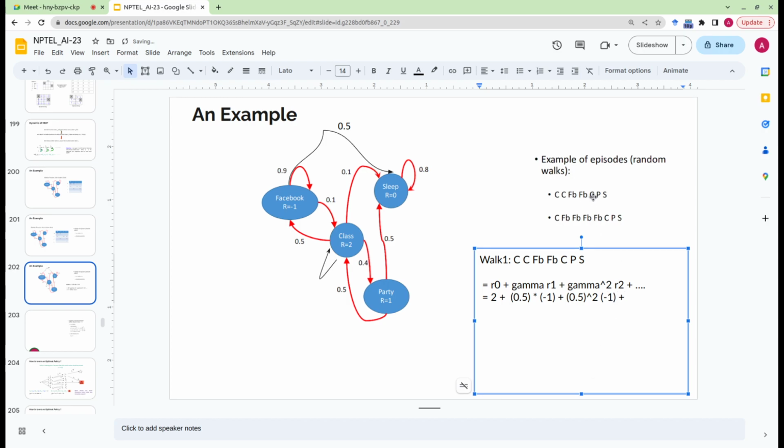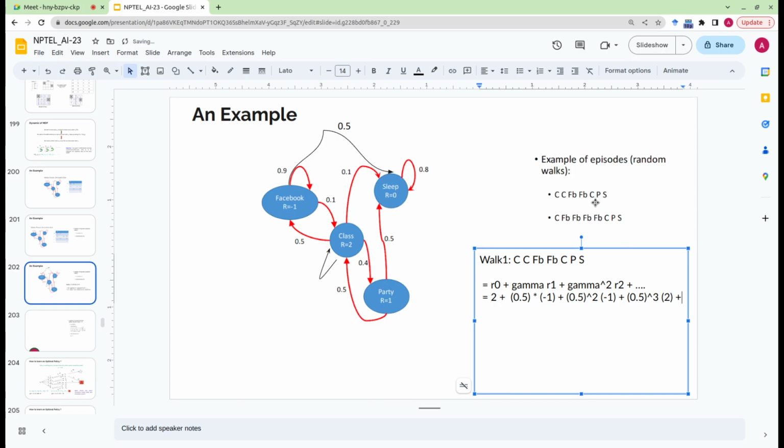From Facebook you are going to class. Facebook to class reward is 2, so it will be gamma cubed, 0.5 to the power 3, into 2.